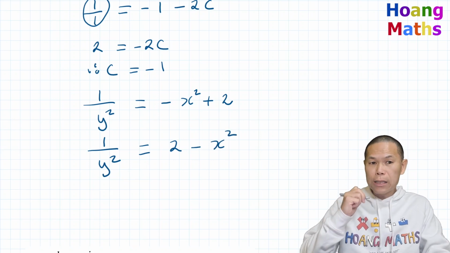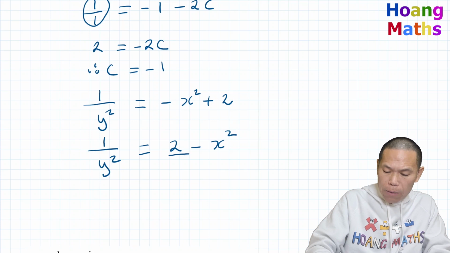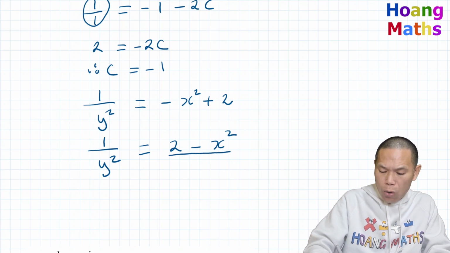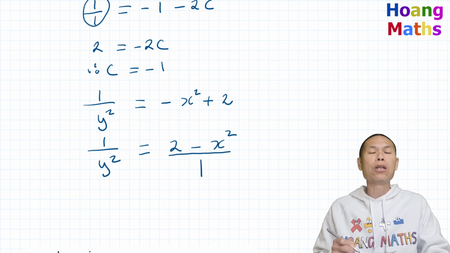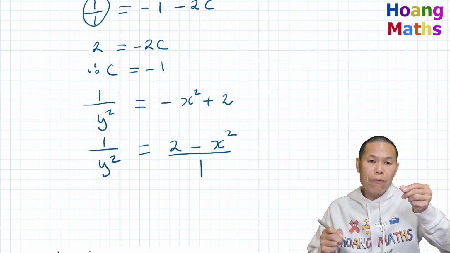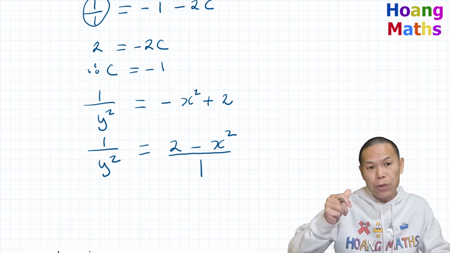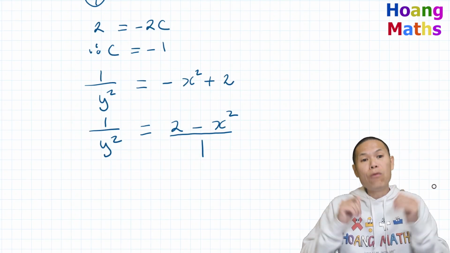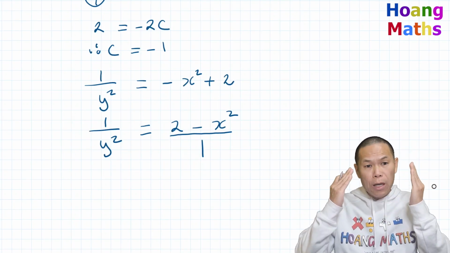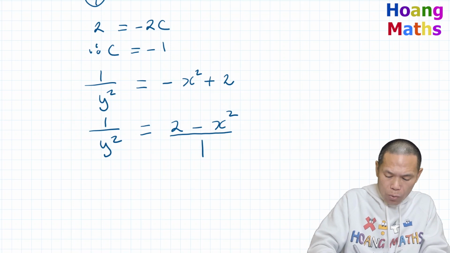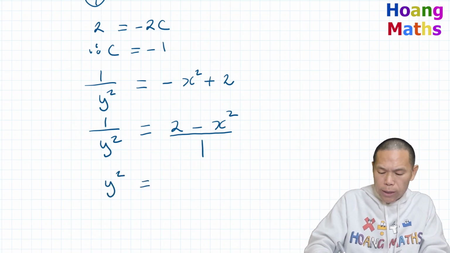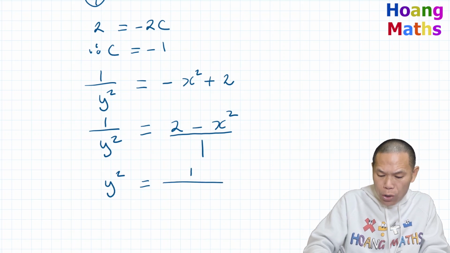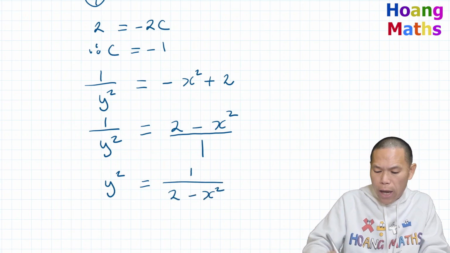Now 2 minus x squared is exactly the same as 2 minus x squared all over 1. So now what I do, I flip the left hand side and do the same thing on the right hand side. So 1 over y squared becomes y squared, and that becomes 1 over 2 minus x squared on the right hand side.